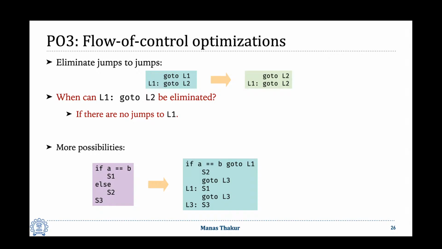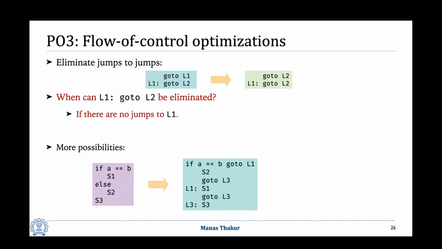So you might generate: if A equals B, then go to L1. At L1 you have S1, after that you want to jump to S3, and similarly, if you don't jump and fall through, you would execute S2, and again you want to go to L3, right? I think some of you would have written code like this if you have studied the Dragon Book, or if you have directly written a 3 address code generator.